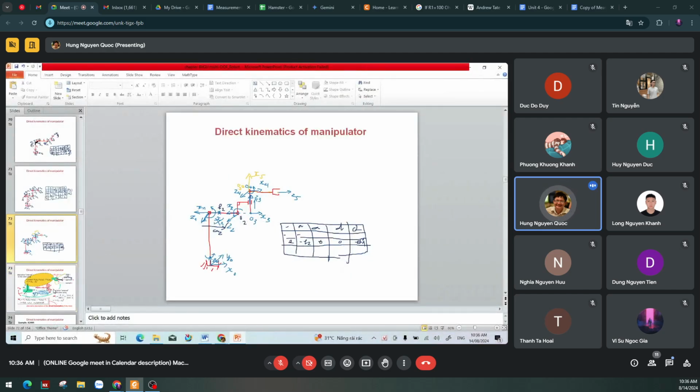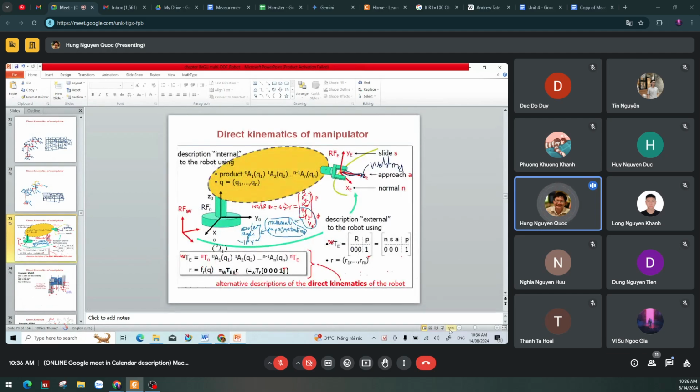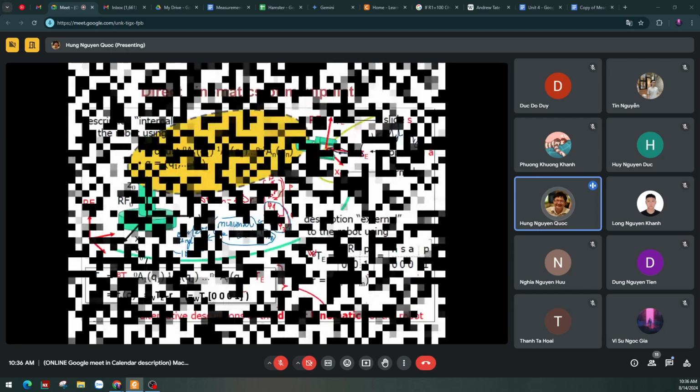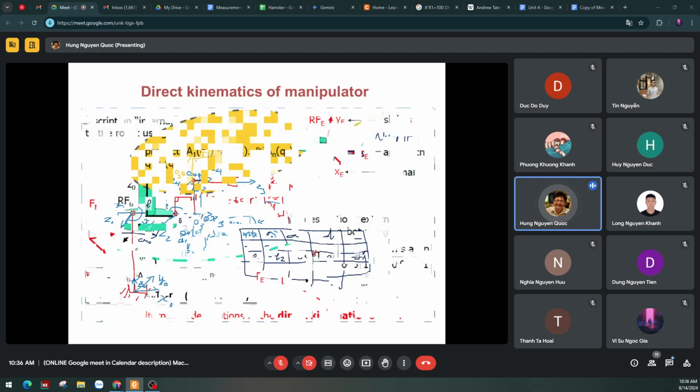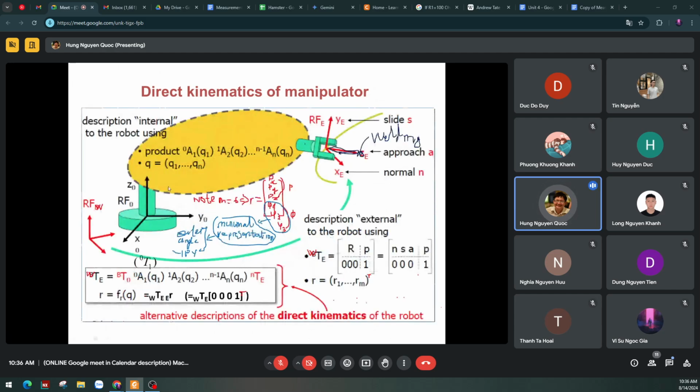Okay, then we move to the next topic. As I mentioned, based on this one we can find the transformation, and then we can find the endpoint.